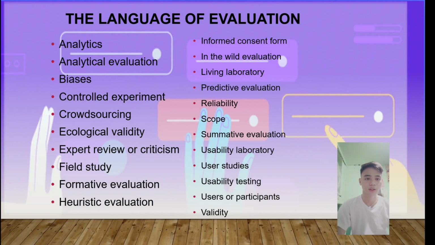Next is ecological validity. Ecological validity concerns how the environment in which evaluation is conducted influences or even distorts the results. For example, laboratory experiments are controlled and are quite different from workplace, home, or leisure environments.